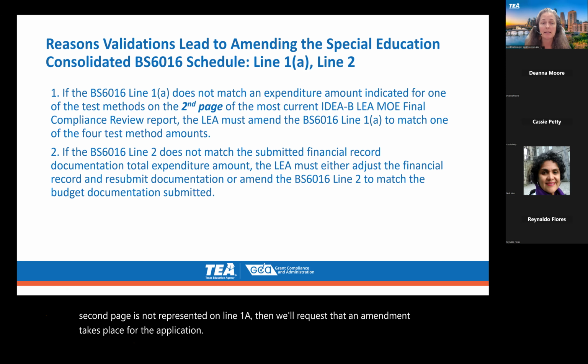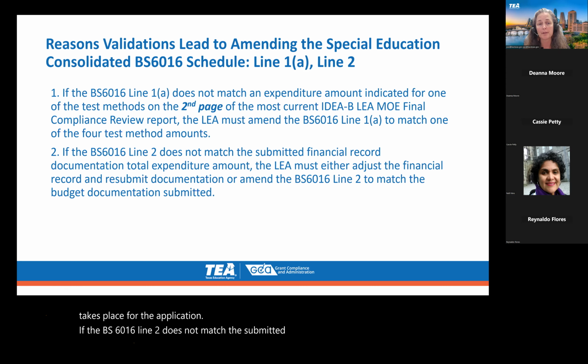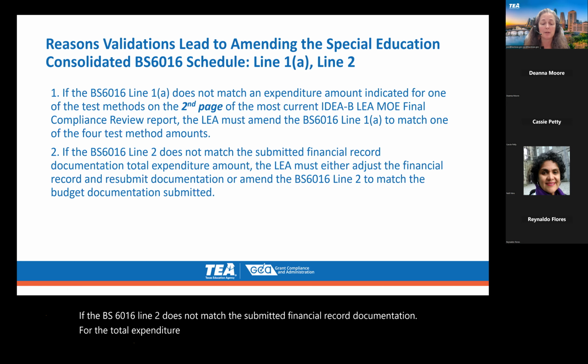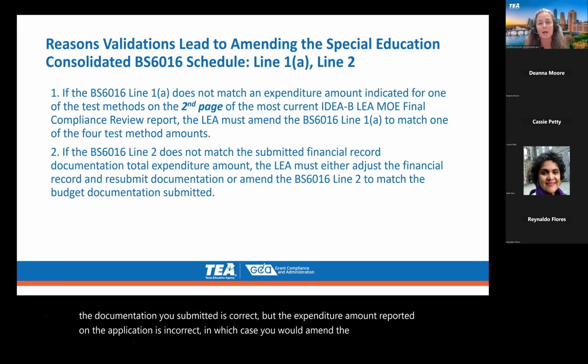If the BS 6016 line 2 does not match the submitted financial record documentation for the total expenditure amount, it depends on the situation. It could be that the documentation you submitted is correct, but the expenditure amount reported on the application is incorrect, in which case you would amend the application.